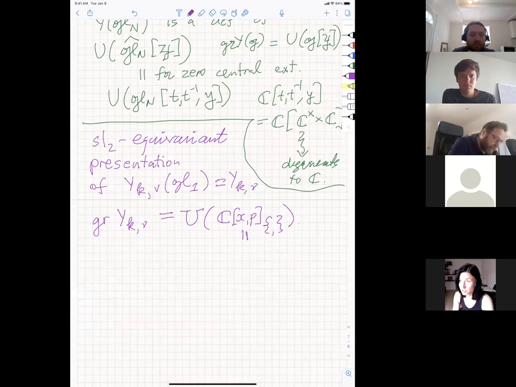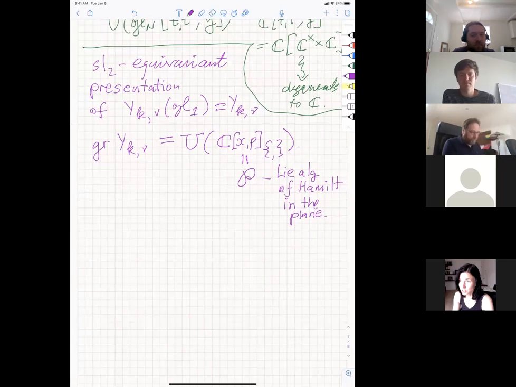So let me call this algebra P, the Lie algebra of Hamiltonians in the plane. That's a very simple Lie algebra to define. There is a simple formula for the bracket, but it is kind of mysterious. For example, its cohomology, I think, is not very well understood, and so on.